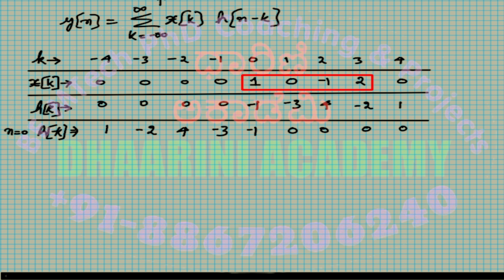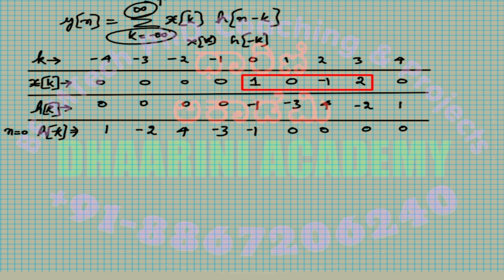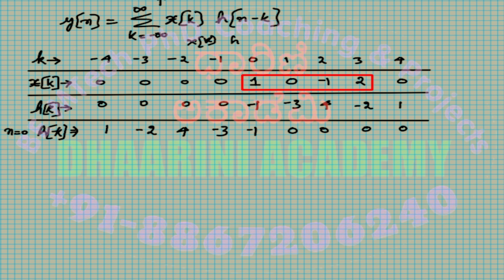Are you okay? Now you look at the equation. Now I actually got x of k there, which is fixed. I got h of minus k, that's also currently this. I just have to multiply where k is minus infinity to plus infinity. Just look at the multiplication. Starting from k equal to minus infinity till plus infinity, multiply each and every element of x and h, such a way that x of k is fixed, and you consider h of minus k.